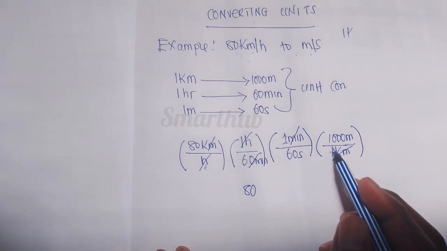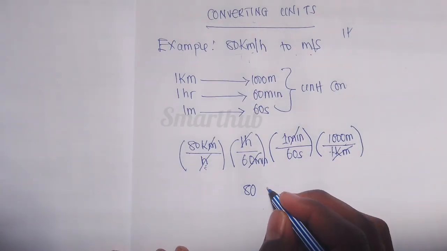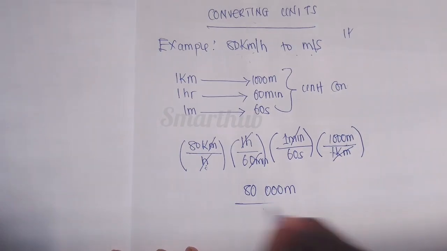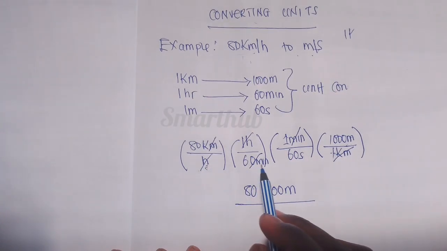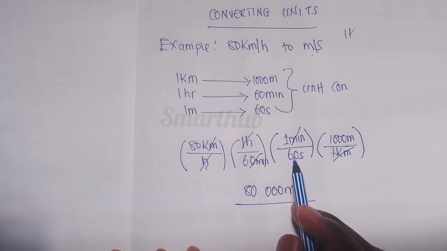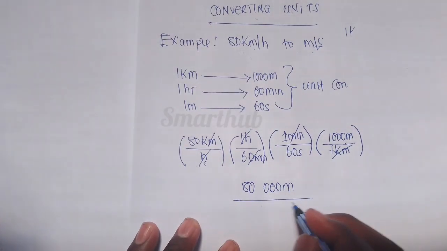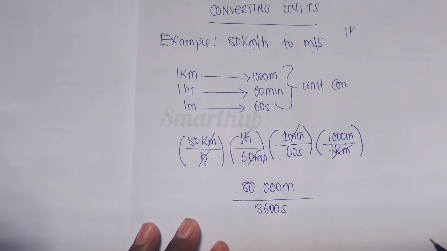We are going to have 80,000 meters over, at the bottom, you multiply everything here. 60 times 60. We are going to have 3600, I mean, should be 3600 seconds.